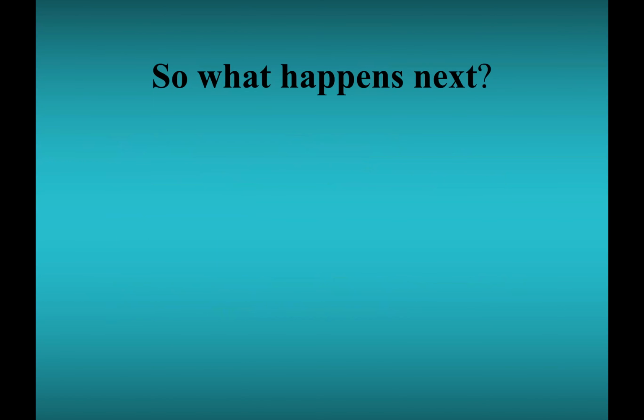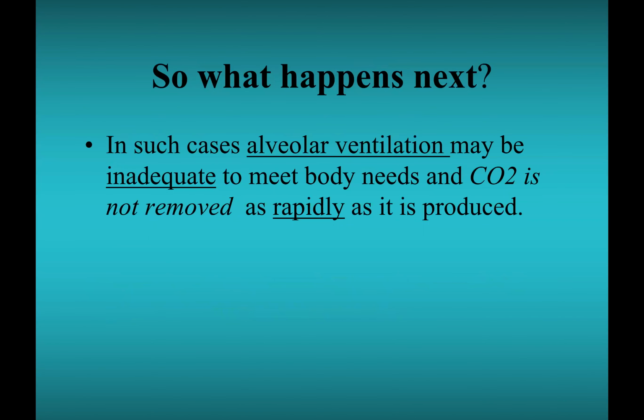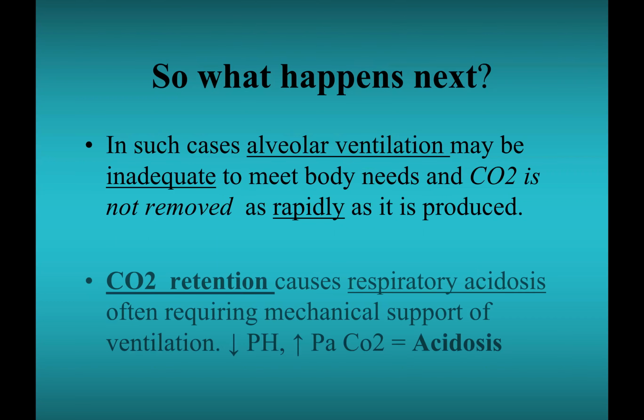So what happens next? You've got somebody huffing and puffing. They can't compensate, or maybe they can compensate. In such cases, alveolar ventilation may be inadequate to meet the body's need, and CO2 is not removed as rapidly as it is produced, to summarize everything I'm talking about. So what happens because of this? They have CO2 retention, which leads to what's called respiratory acidosis.